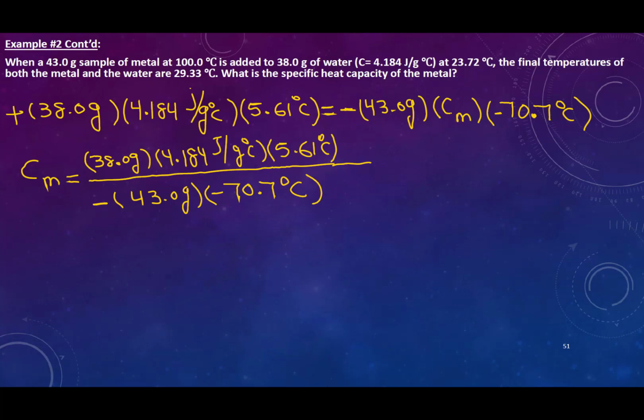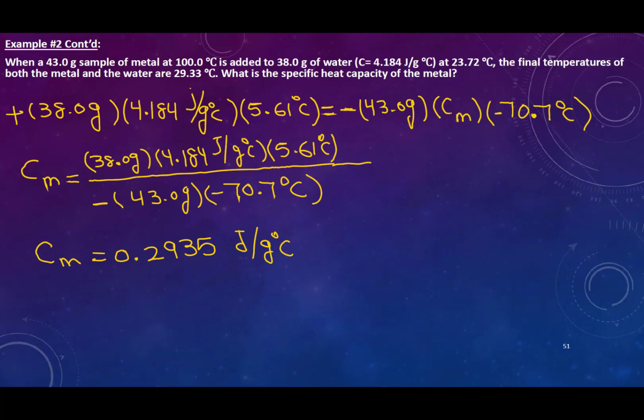The negative 43 grams times negative 70.7 degrees Celsius will be a positive number. If you solve for the specific heat capacity of the metal, it's going to be 0.2935 joules per gram degree Celsius.